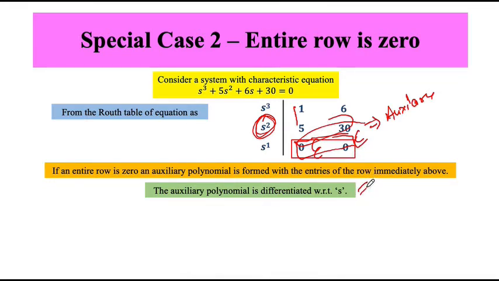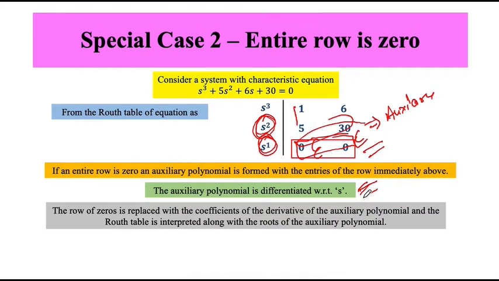So if this is a polynomial of order 2, then I have something of order 1 here after differentiating. The row of 0 is replaced with the coefficients of the differentiated auxiliary equation or polynomial with respect to s.